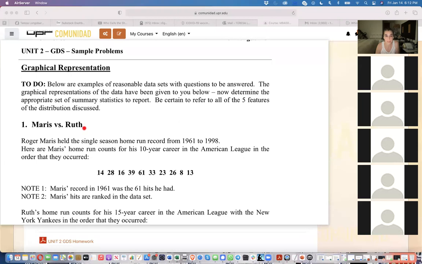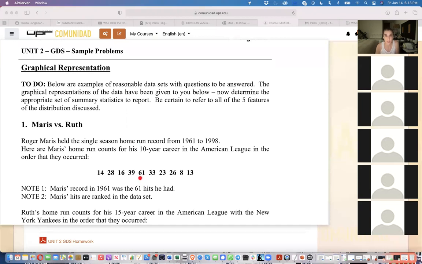Now, Roger Maris held a single season home run record, so it means that he got the most home runs between 1961 and 1998. There was one season where he got the most home runs that any baseball player had by that time.